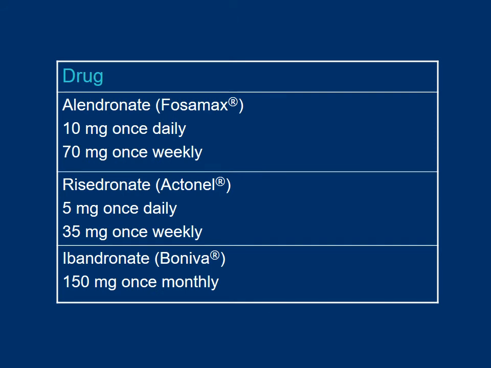These are the preparations of the bisphosphonates. Alendronate can be given once daily or as a weekly dose, and risedronate can be given once daily or as a weekly dose, while ibandronate can be given as a monthly dose, once per month.